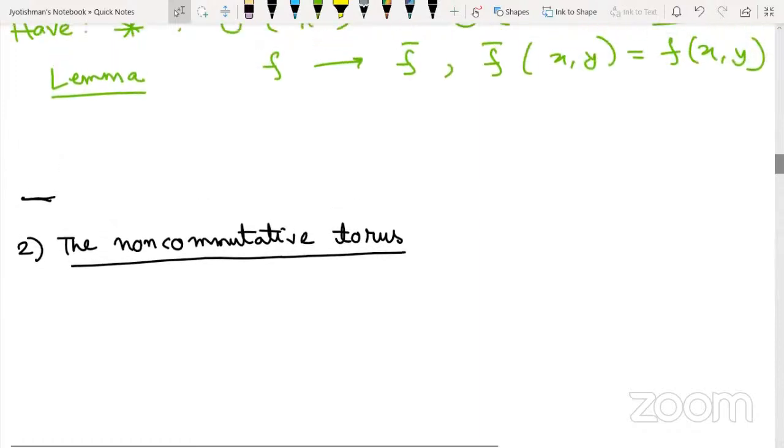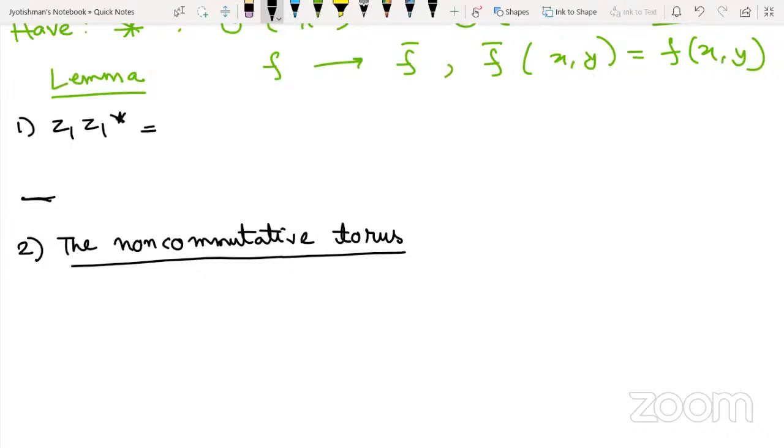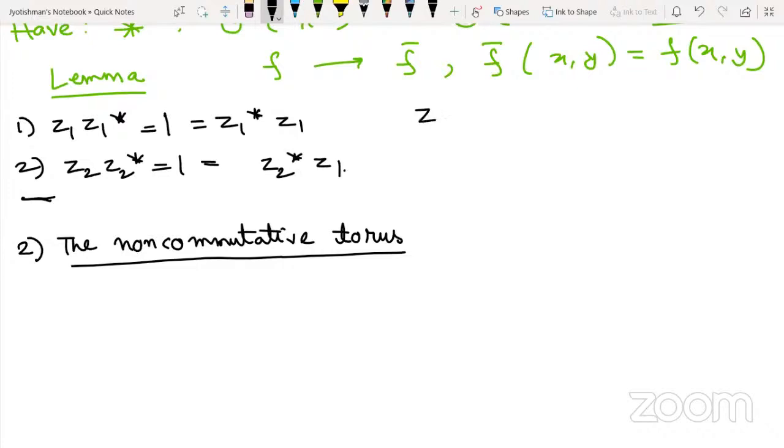So Z1 and Z2 are all unitaries, and of course Z1 and Z2 commute.